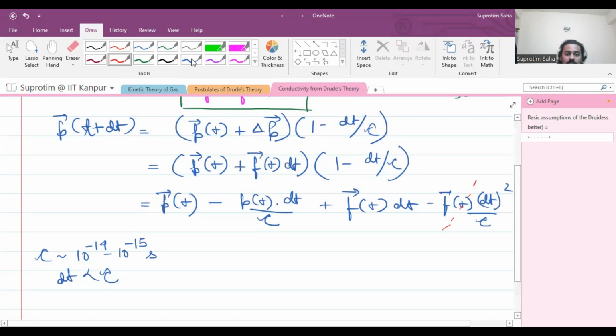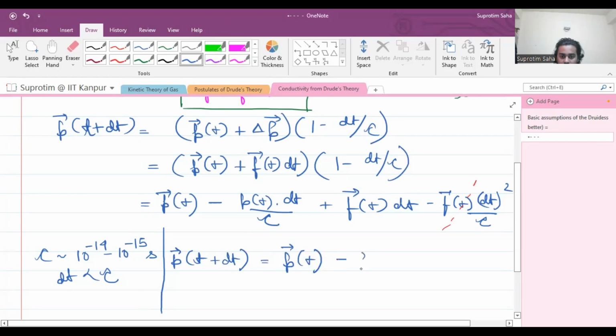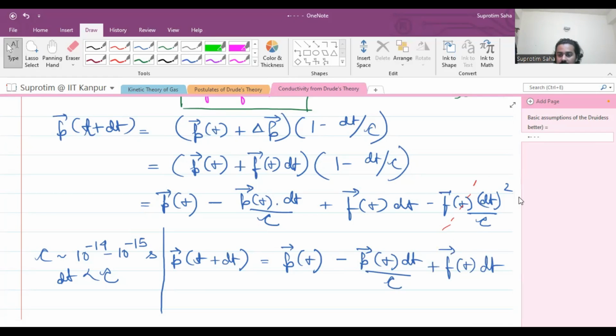Let me just check if it's recording or not. Yeah, it's recording. So now what you are left with is P of t plus dt is equal to P of t minus P of t over tau times dt plus F of t dt.